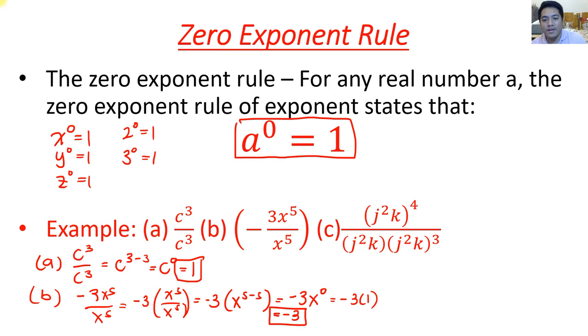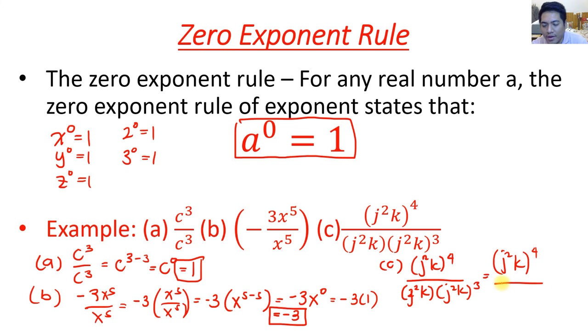Okay? So for letter C, we have j squared k raised to 4 all over j squared k multiplied by j squared k raised to 3. Obviously, we can use the product rule here.